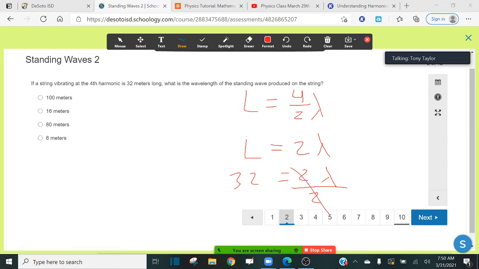Whatever I do to one side, I have to do to the other. So what is 32 divided by 2? Because 32 divided by 2 is going to equal lambda, in other words, our wavelength. So 32 divided by 2 is 16 meters.